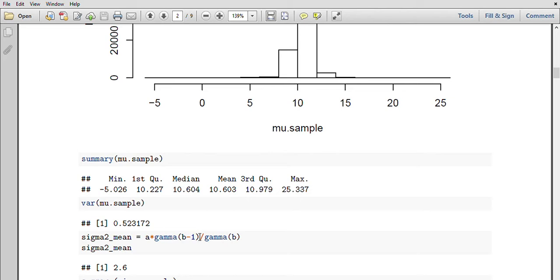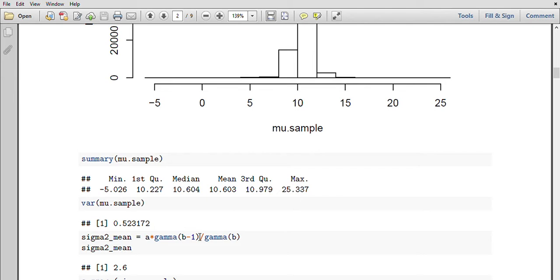Now for inverse gamma distribution, I have computed the population mean and population quartiles. Notice that since here the value of B is simply 2, the population variance does not exist. To have the variance existing, we must have B larger than 2, which is not the case here.